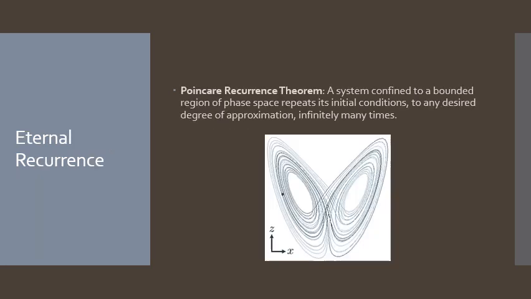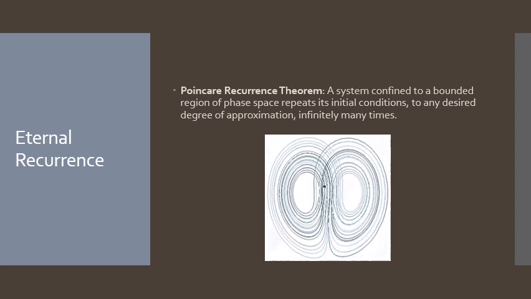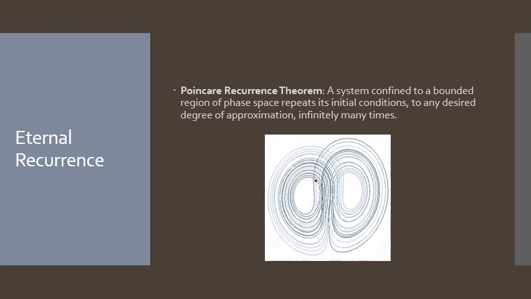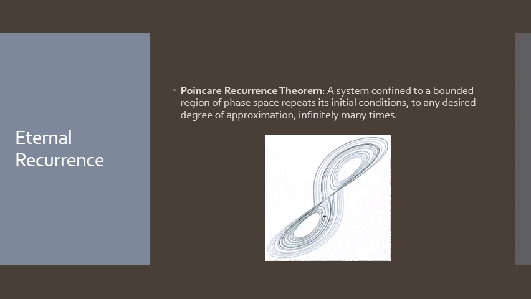Now, to explain a little bit more why that's true, I introduced this principle known as the Poincaré recurrence theorem. So the diagram here is supposed to represent schematically a system moving around its phase space. Obviously, of course, the phase space would be more than two-dimensional, and more than three-dimensional, as this picture is.